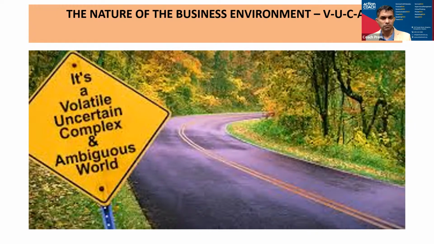It is volatile, it is uncertain, there are a lot of complexities happening within our environment. And there's certainly a lot of information, sometimes it's unclear. So as leaders and as supervisors within our working environment, within the business, we need to have some clarity. We need to have some certainty.